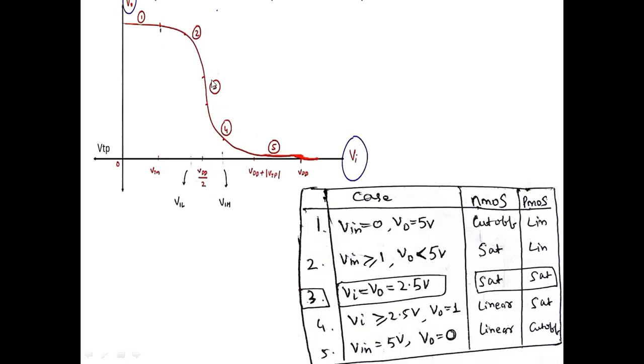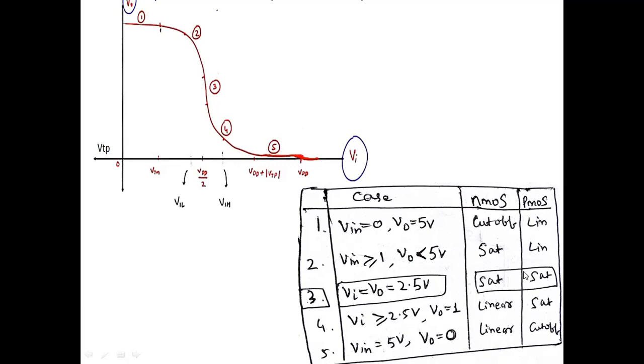In the third region, we can expect VIN to be equal to V out, where both the devices, NMOS and PMOS, will be operating in the saturation region, and we call this the transition region of the inverter, and this will happen exactly at VDD by 2. If VDD is equal to 5 volts, 5 divided by 2 is exactly 2.5 volts, and both the NMOS and PMOS devices operate in the saturation region.